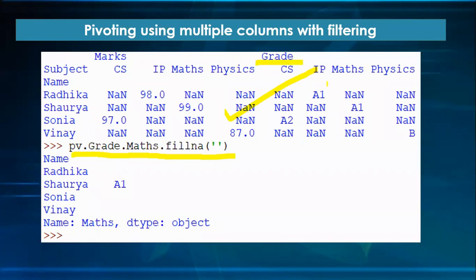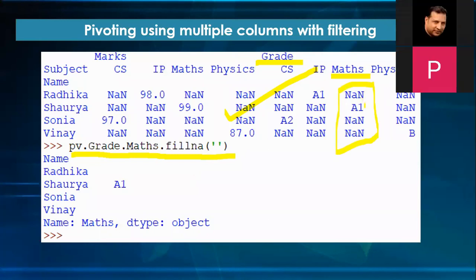Maths means maths column. Fillna means all the NaN values will be replaced by blank spaces. So in maths column, we have only one value, that is A1. A1 for Shaurya. So we have Shaurya A1 here. All other are blank. These are blank values. So this was an example of filtering.